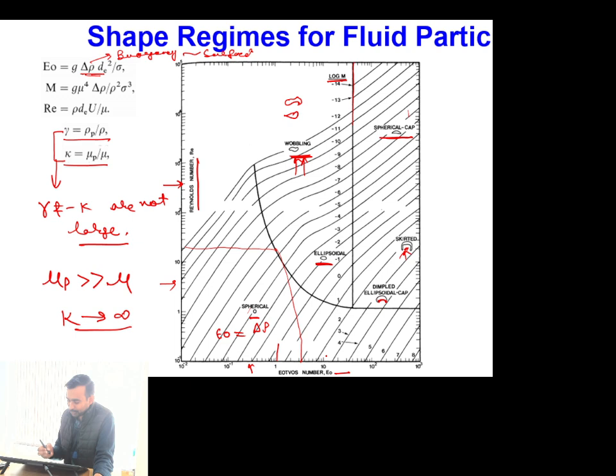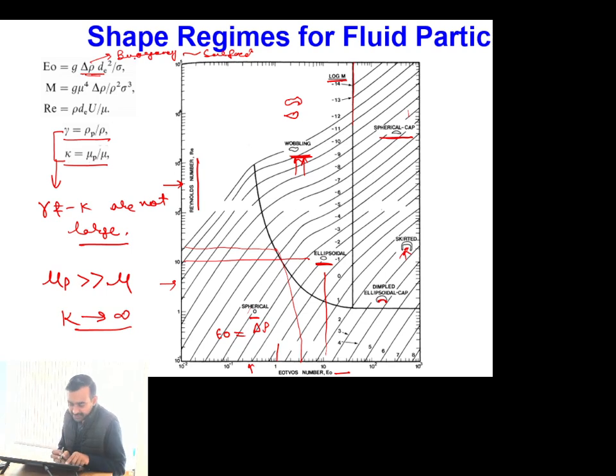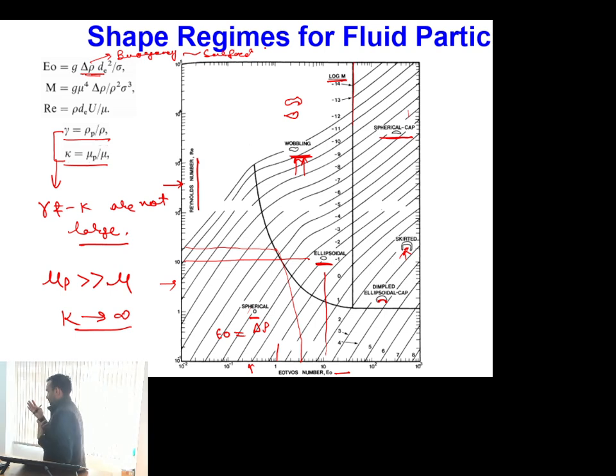Now if you grow the size in such a way that the Eötvös number reaches close to 10 and the Reynolds number is also high, close to 10, what will happen? Once the Eötvös number is large, buoyancy force is significantly high in comparison to the surface tension force. So it will try to elevate the bubble at a faster pace.